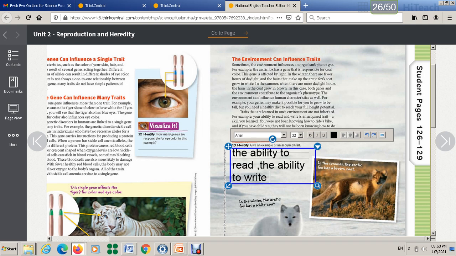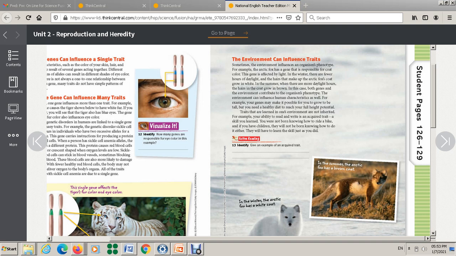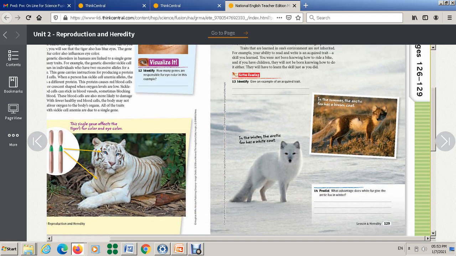Okay, you have question 14 on the same page, which is down here. What advantage does white fur give the Arctic fox in winter? What is the advantage? It can blend with its environment, right? Let's say it appears white.